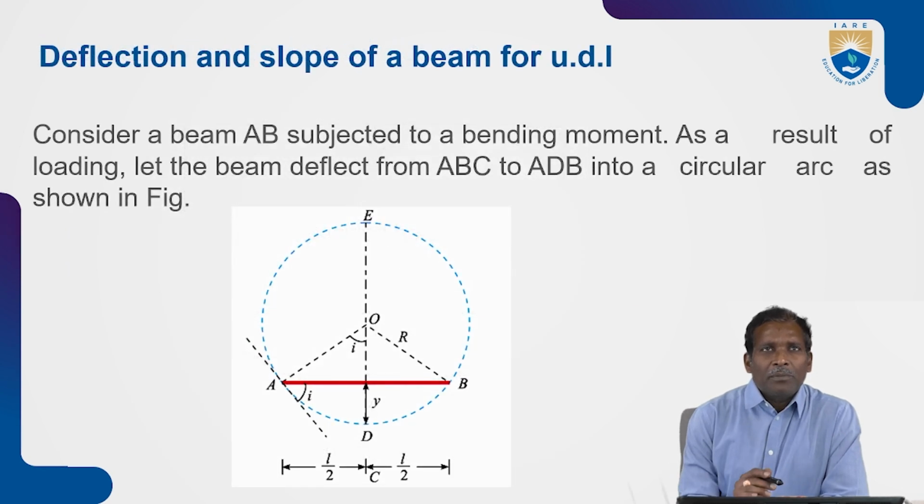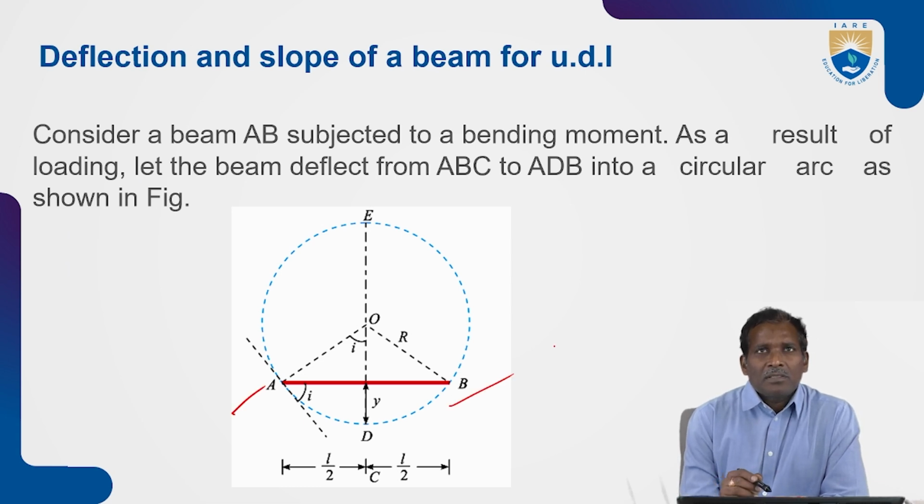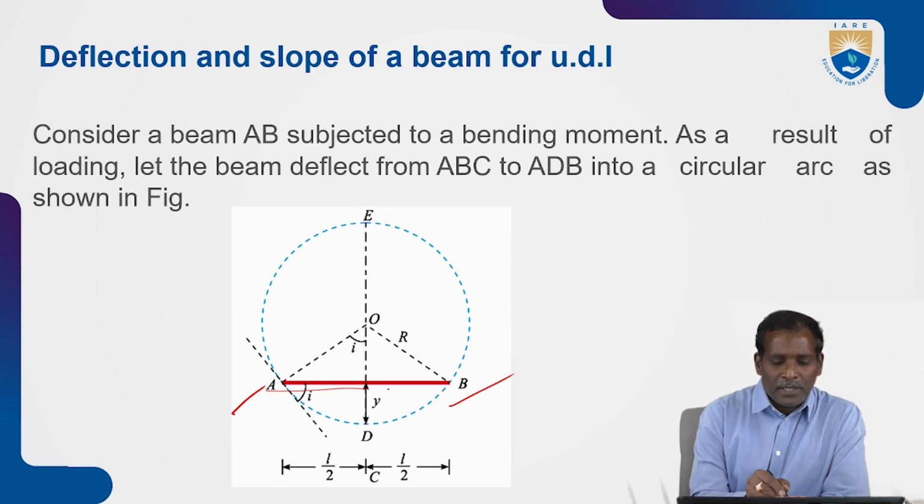So consider a beam AB subject to a bending moment. As a result of loading, let the beam deflect from ABC to ADB.